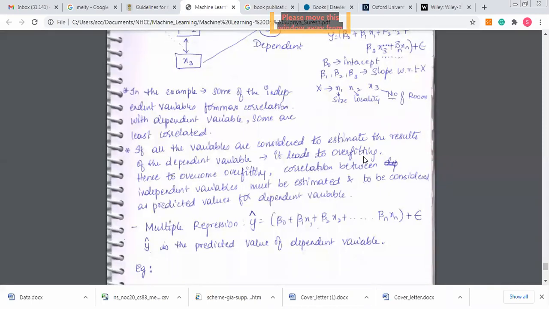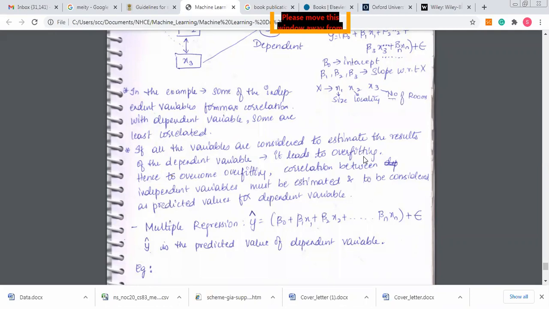Whereas size and locality were correlated, which means they had very similar characteristics in predicting the price of the villa. When I get one, the other might not be required, so you can go ahead and remove it.